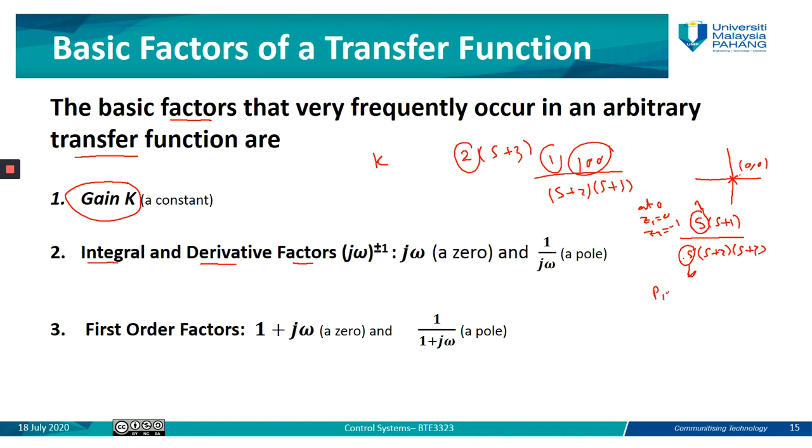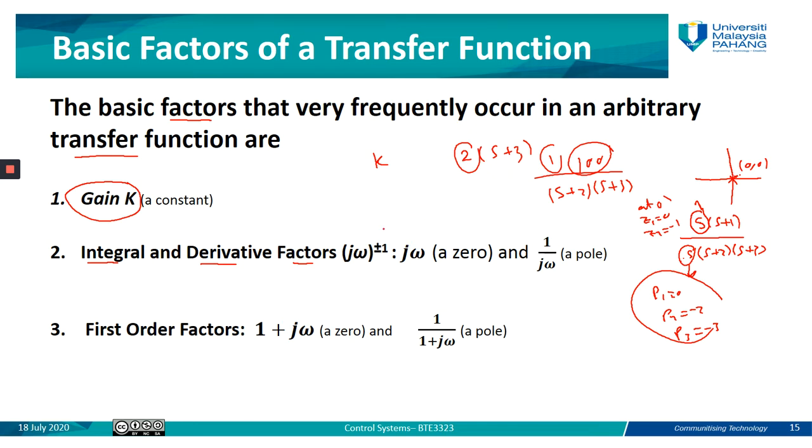Or here P1 equal to 0, P2 equal to negative 2, P3 equal to negative 3. So we have 3 poles, 3 zeros, but there is 1 zero at the origin, 1 pole at the origin. At the origin means the point 0. Okay, so this is the second expected factor that exists in our transfer function.